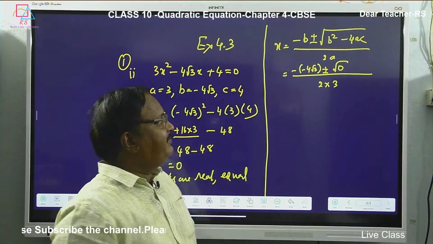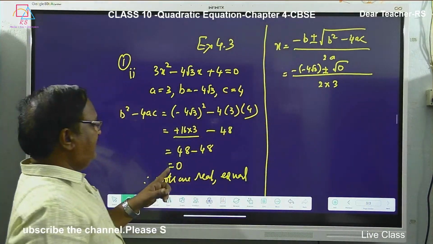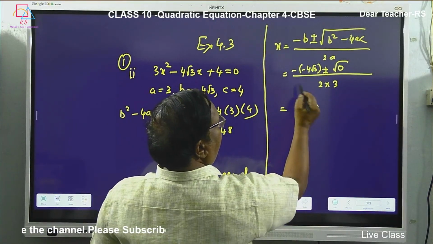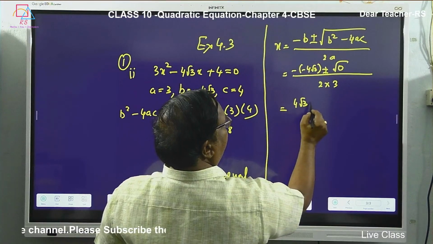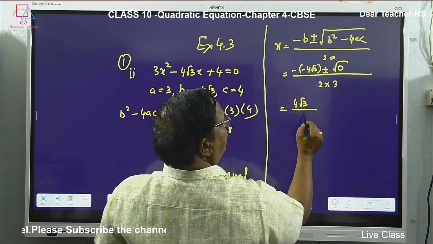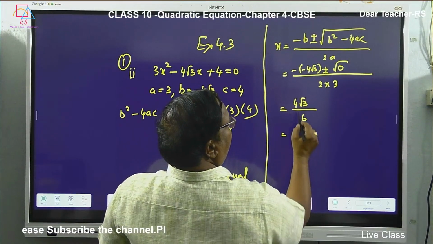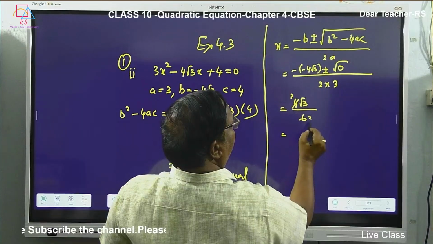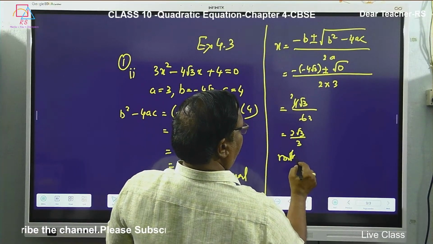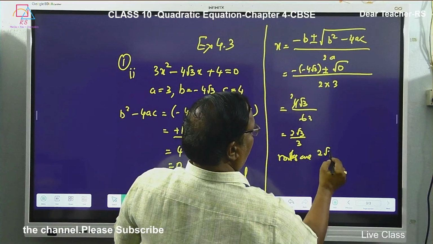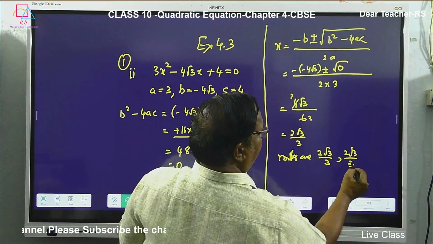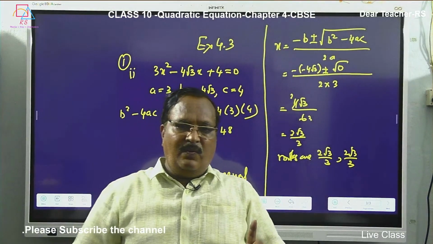Because we already have b square minus 4ac, you can put this value directly under the root. So minus into minus is plus 4 root 3, 0 we can leave out, 2 3s are 6. So 2 root 3 by 3. The roots are equal, na? The roots are 2 root 3 by 3 and 2 root 3 by 3.